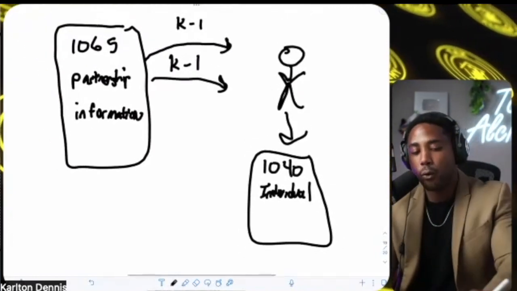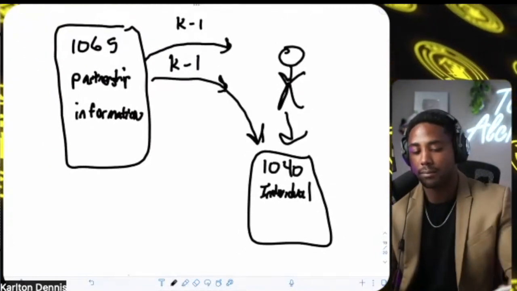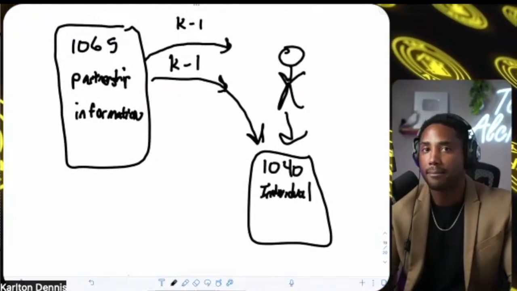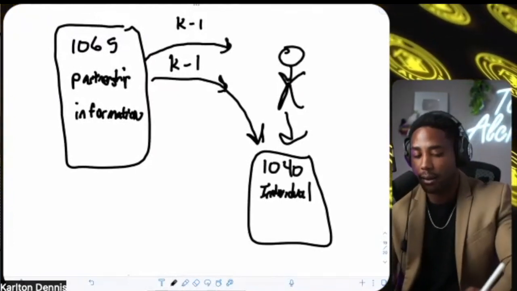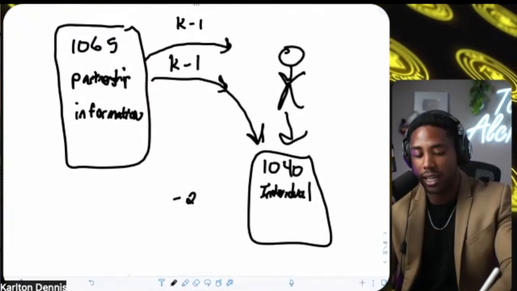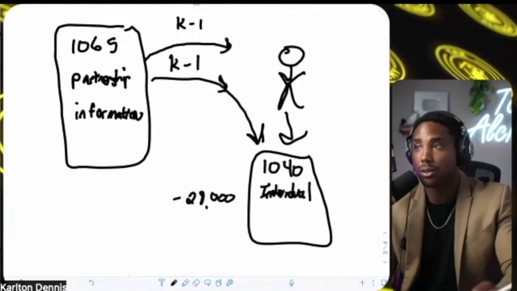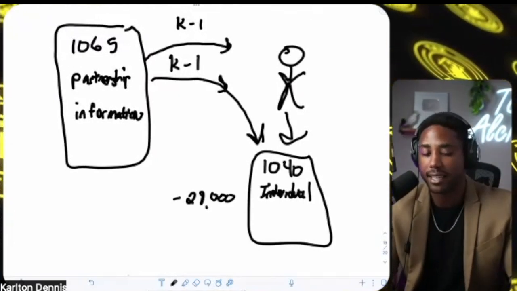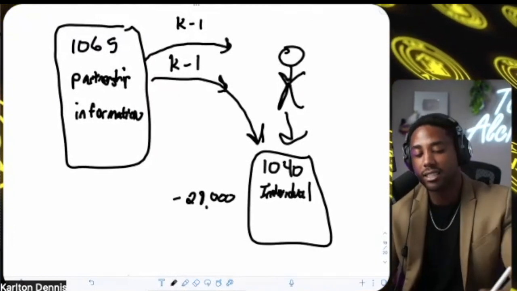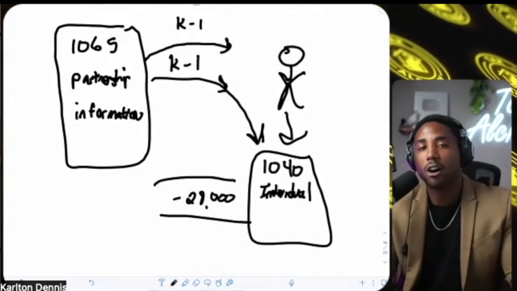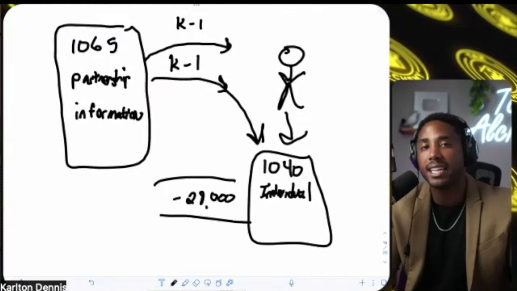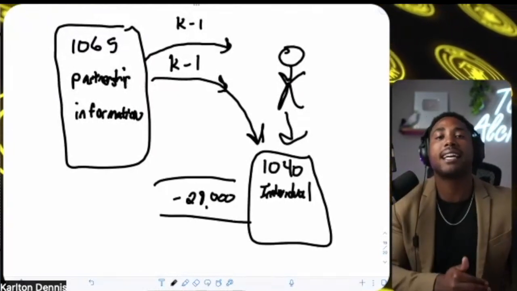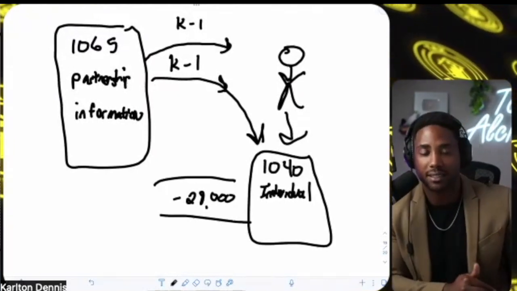But our 1040 actually records our K-1. So if our K-1 is reporting a $29,000 loss, just to round down to make it simple, then this loss can offset other forms of income depending on what that other form of income is.